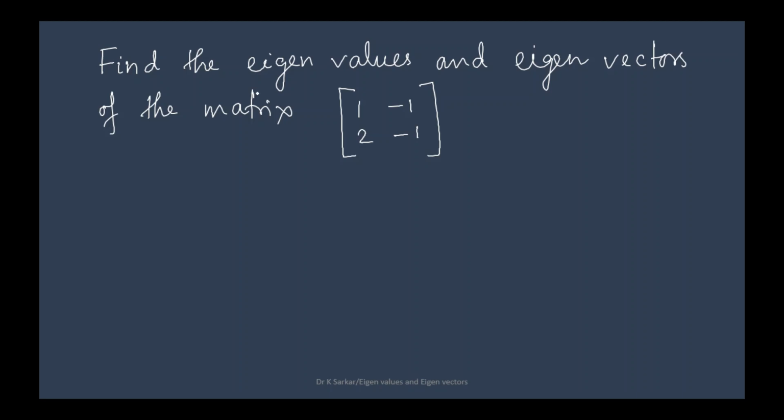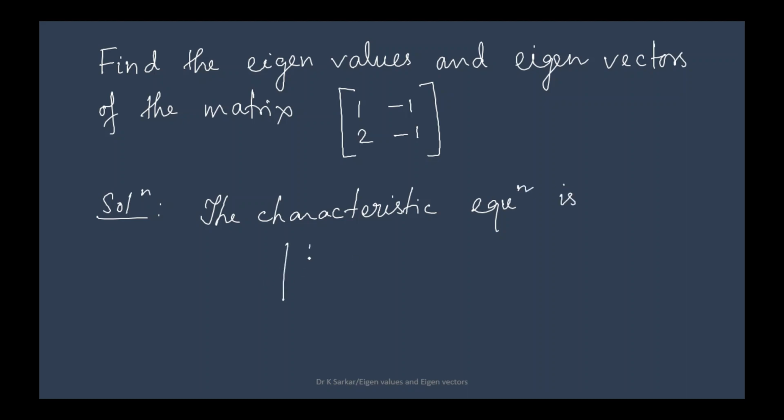We have to find the eigenvalues and eigenvectors of this matrix. The characteristic equation is determinant of 1 minus lambda, minus 1, 2, minus 1 minus lambda equals 0.